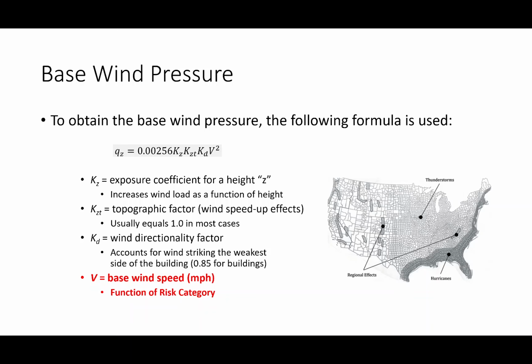You'll note that what this wind map is showing is your controlling climatological events that would affect what wind speed you're going to use for the purposes of design. And for the most part in the country, thunderstorms are really the event that governs where your wind speed is coming from, except for coastal regions because of hurricanes.